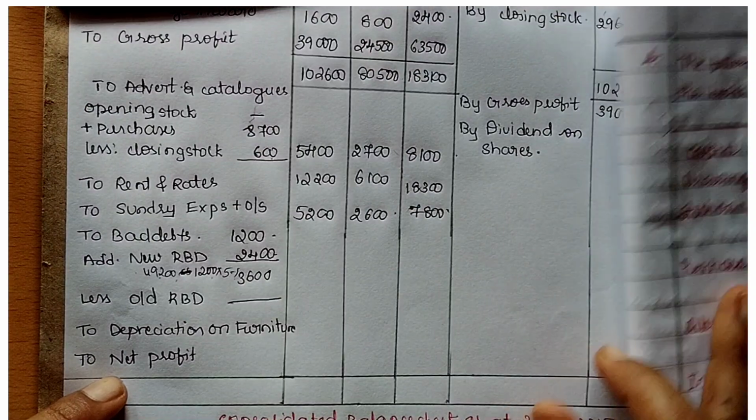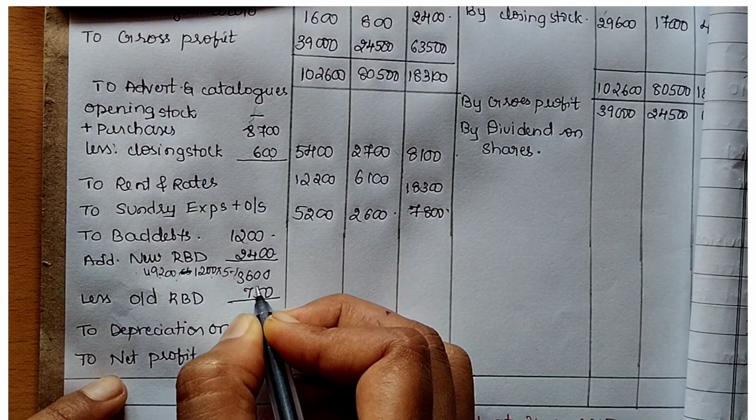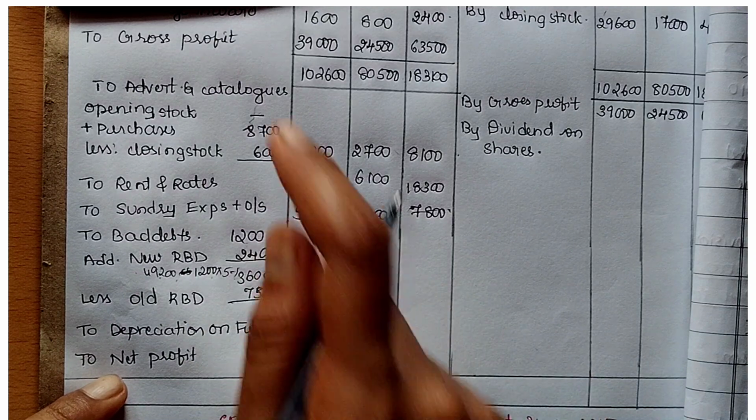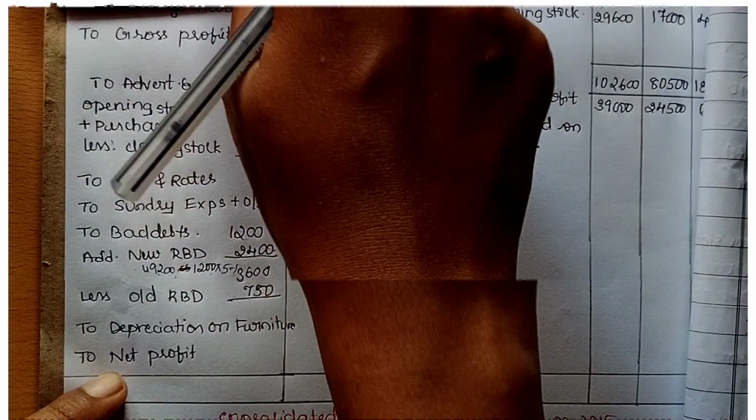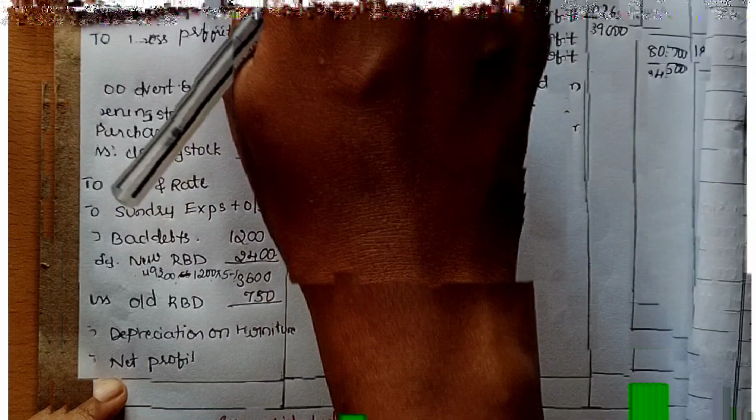So 750 right here, and less from this 750. 3,600 minus 750, 2,850. This 2,850 should be divided to these columns in the 2:1 ratio, that is 1,900 and 950.